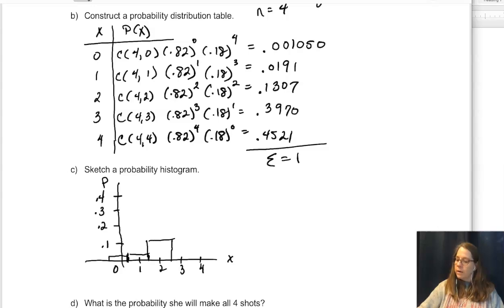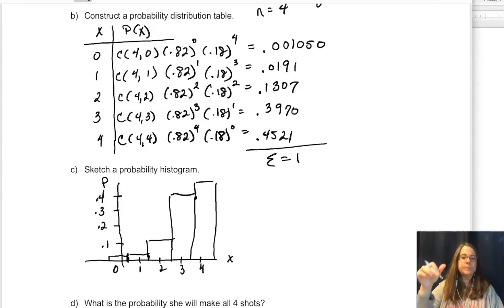The bar above 3 goes to almost 0.4. And the bar above 4 goes to 0.45. This is what we're going to see now for our probability histogram.